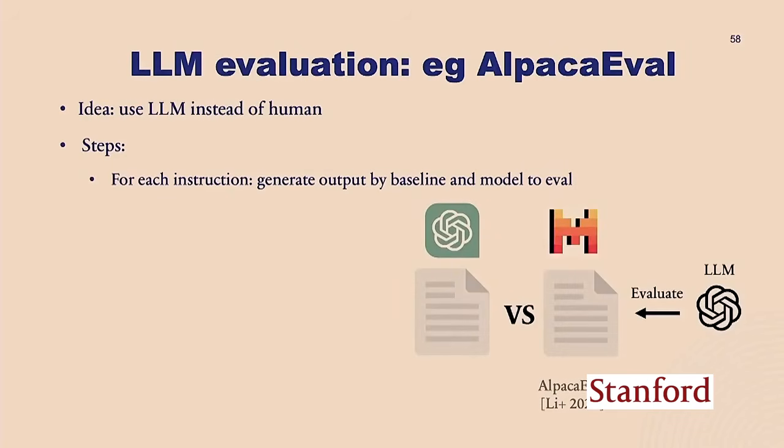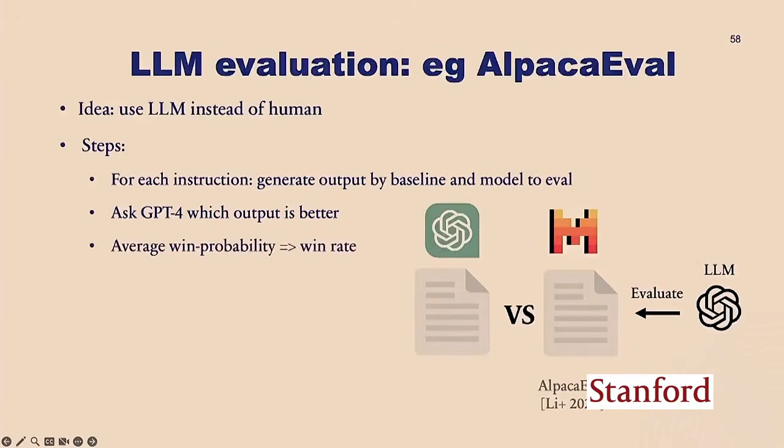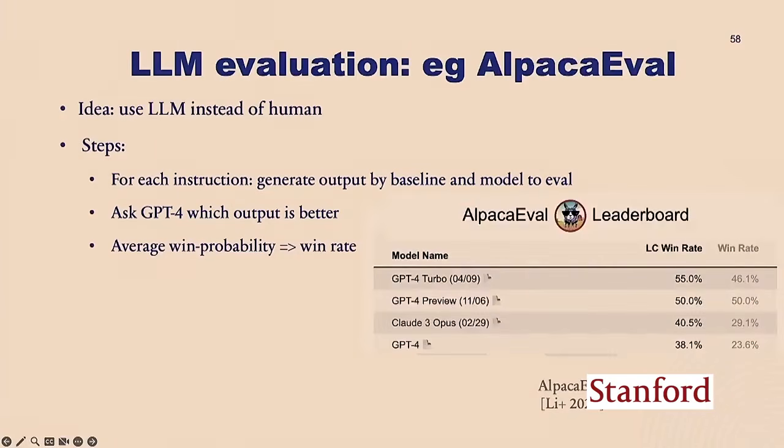Here, imagine that I'm comparing an answer from ChatGPT and from Mistral. I ask another model, GPT-4, which one is better, and I average that out over my entire benchmark or data set, and that gives me a win rate, a win probability for one model compared to another one, and now you can rank models.